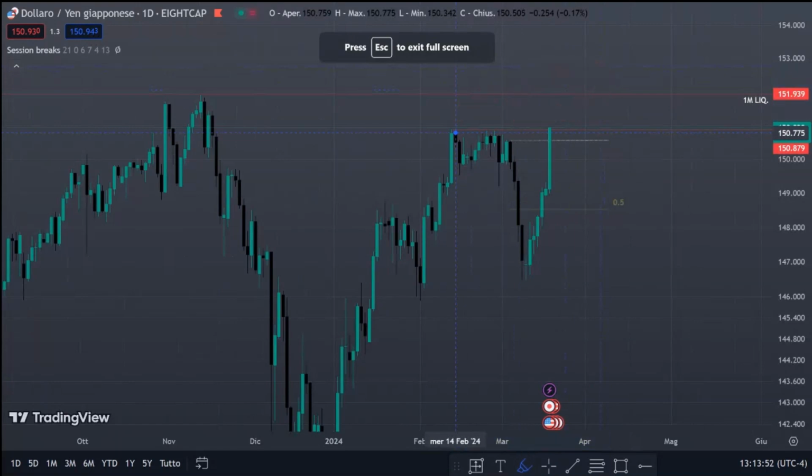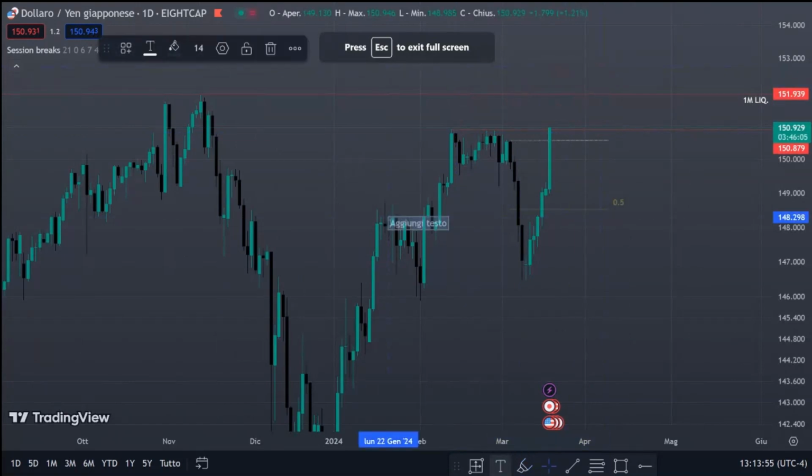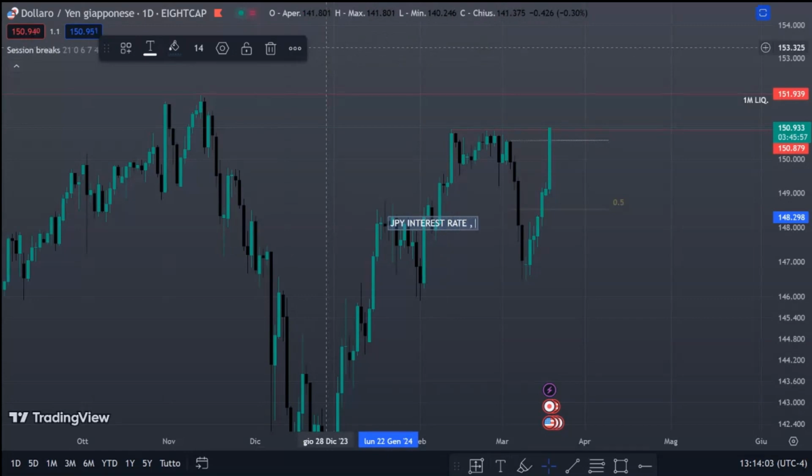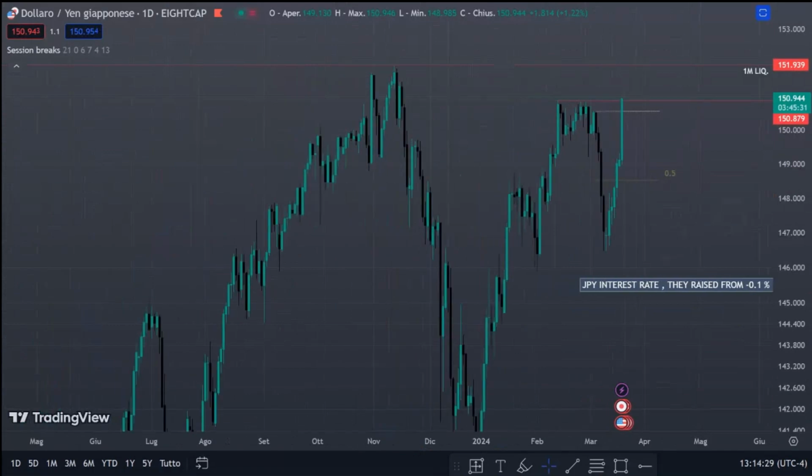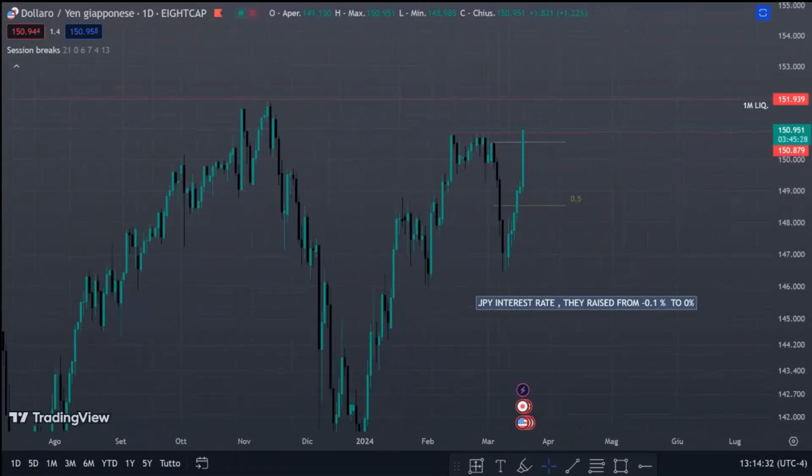And if you heard about the GBP interest rate, basically they officially raised it from minus 0.1 percent to 0 percent. So this is also a plus point for the USD/JPY to go up.